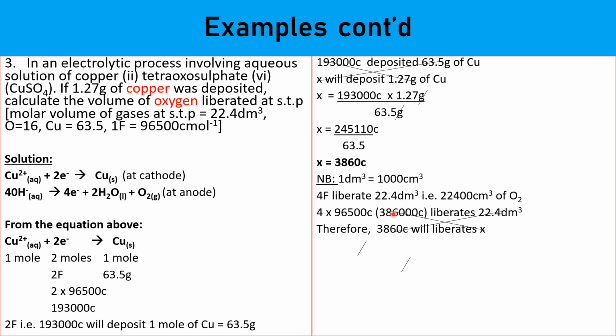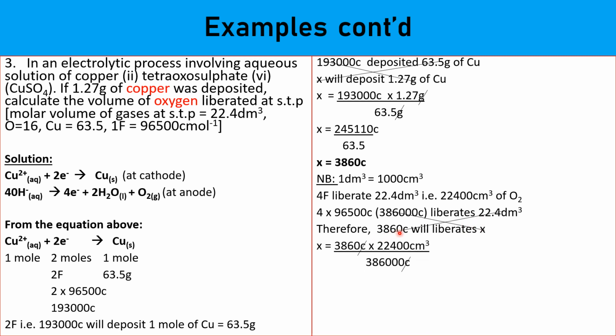But if this quantity of electricity passes through this particular electrode, the anode, what volume of oxygen will it liberate is what we are looking for. So we can make that quantity subject of the formula.